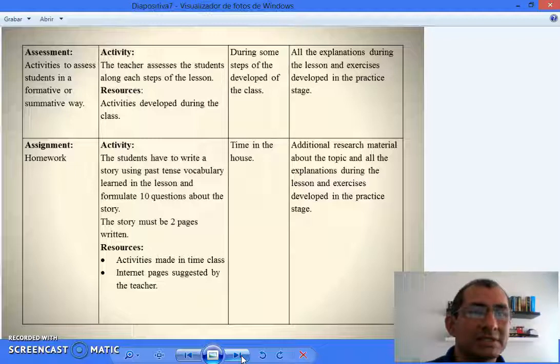The resources: activities made in class, all the students have learned in the lesson, and they can use internet pages suggested by the teacher. The time is time at home, and the source is additional research material about the topics and all the explanation during the lesson and exercises developed in the practice stage.